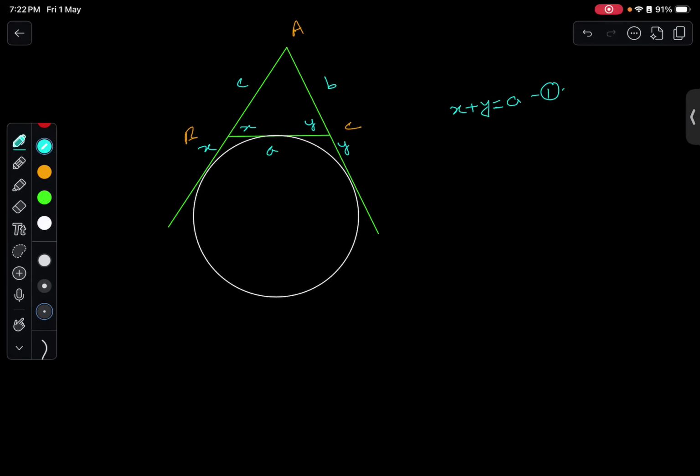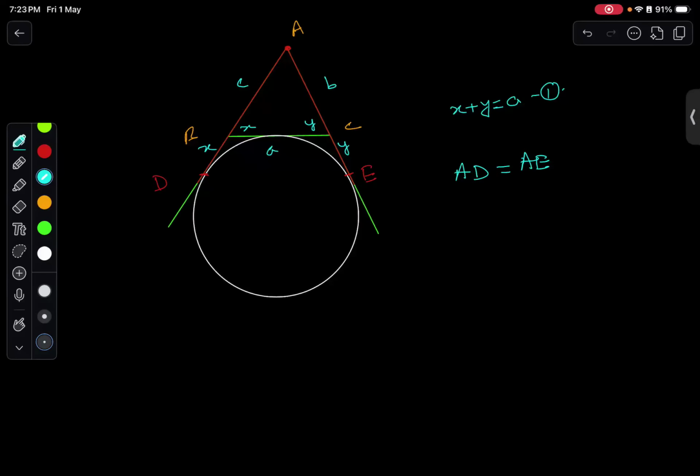And second thing, we can see from point A. From the external point A, we are touching the circle at, let's say, D and E. So if the external point is A and I'm drawing two tangents from that point, can I say AD and AE are equal?